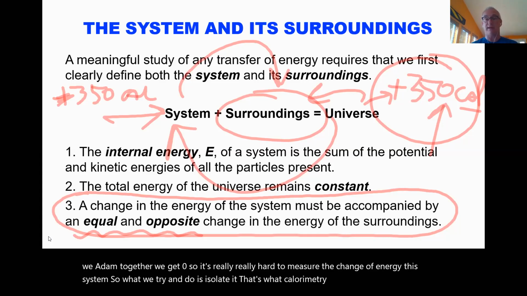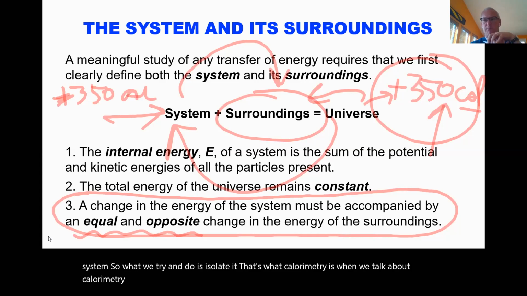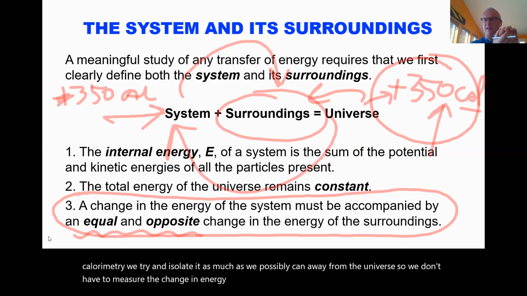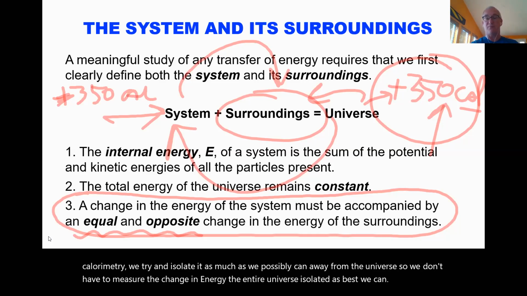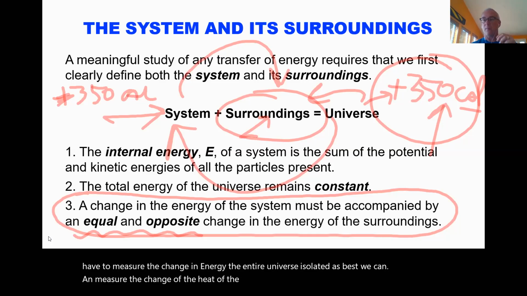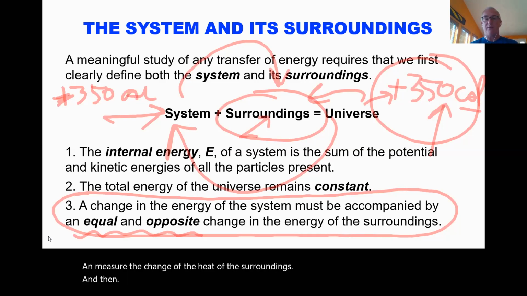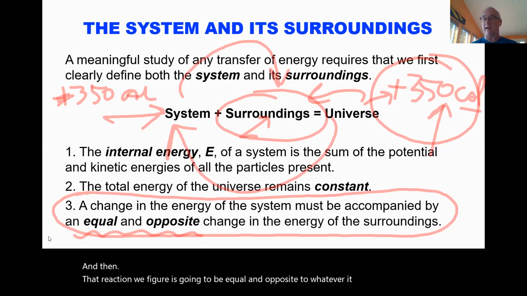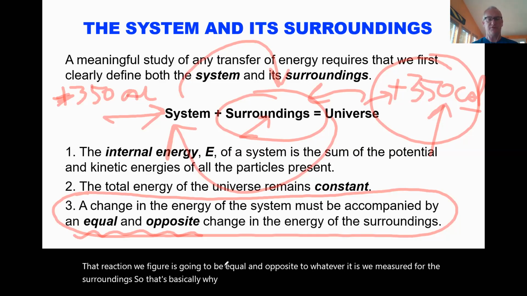We try and isolate it as much as we possibly can away from the universe, so we don't have to measure the change in energy of the entire universe. Isolate it as best we can and measure the change of the heat of the surroundings. And then that reaction we figure is going to be equal and opposite to whatever it is we measured for the surroundings. So that's basically why we really have to believe that this is true.